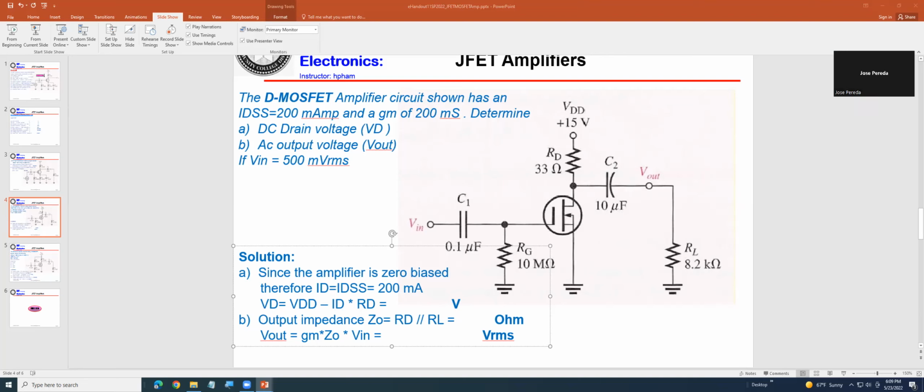Mr. Pham, the VD appears to be 8.4 volt. That's what your calculation gives, right? Yes. Perfect, 8.4.